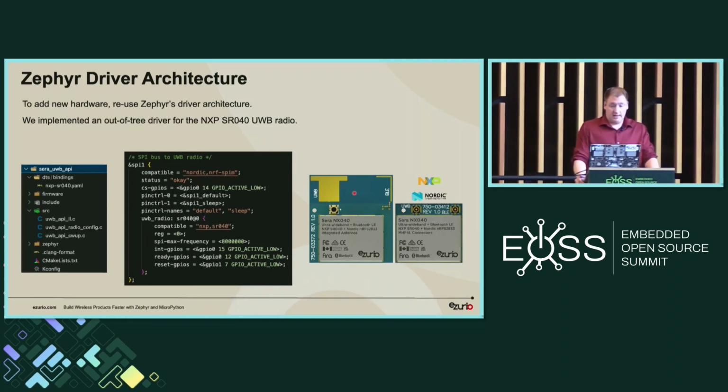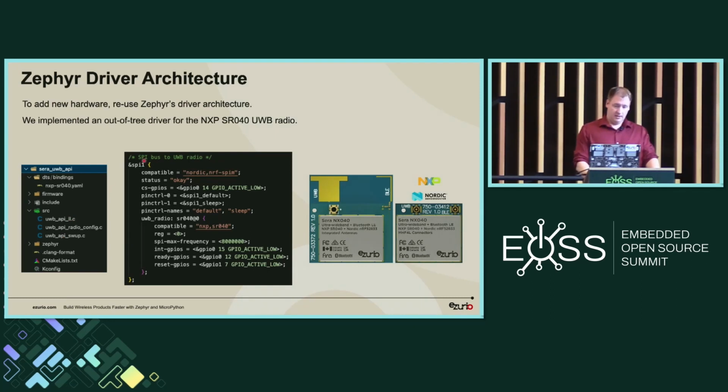So we did this for our UWB module. We had to add support for the NXP SR040 UWB radio that's in our NX040 module. So here's a quick snapshot on the left-hand side showing the source tree for our new driver. We implemented some new DTS bindings, and then a couple C files for different layers of the API to talk to the radio.